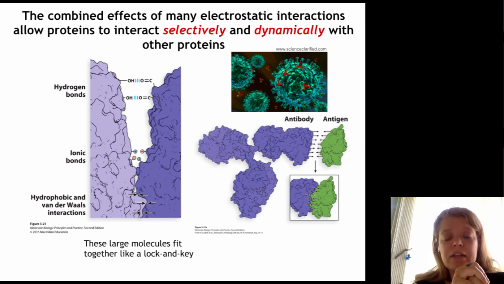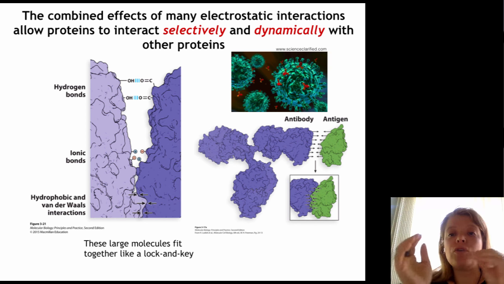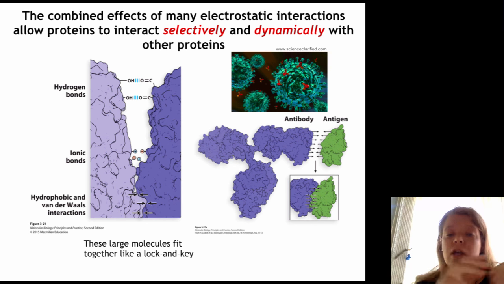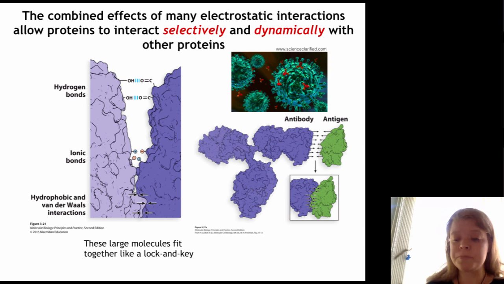Let's say it's a friendly rhinovirus and not HIV. And you can see the red guys have bound to the virus, and their binding to the antigen, and then their binding to each other will allow the virus to be clumped up and mopped up by the white blood cells and removed from our body, allowing us to recover from our cold.